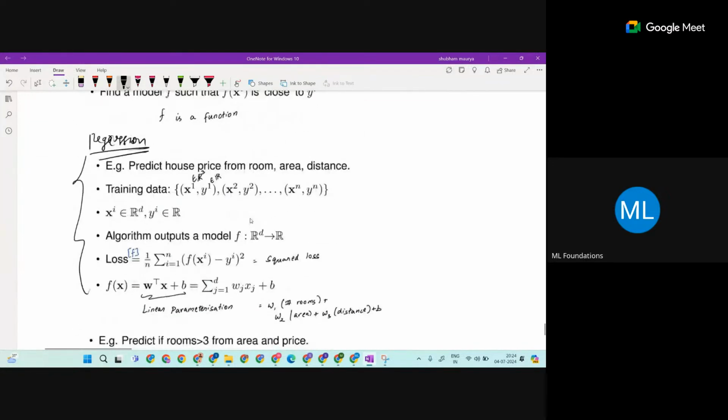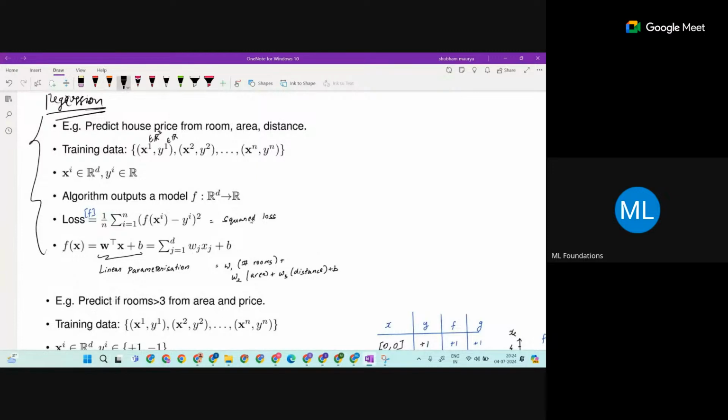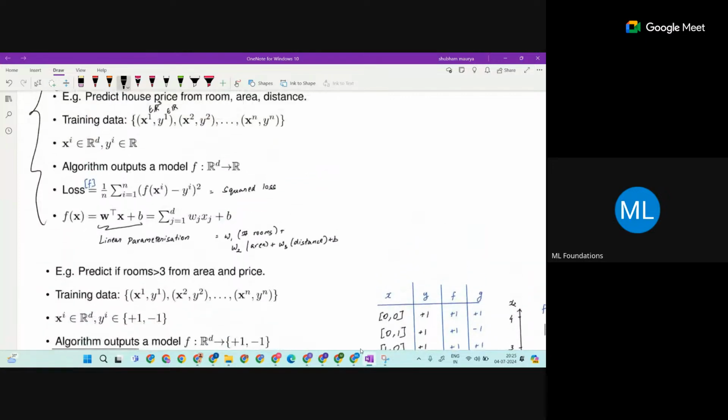So what is regression? Regression is where you have some set of training data.